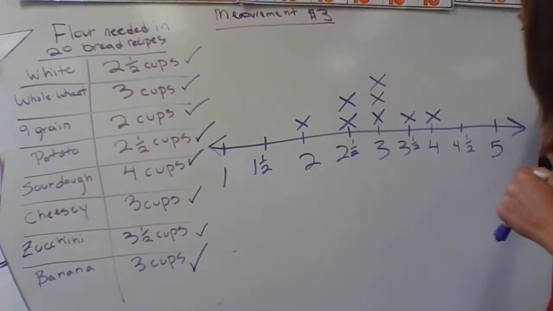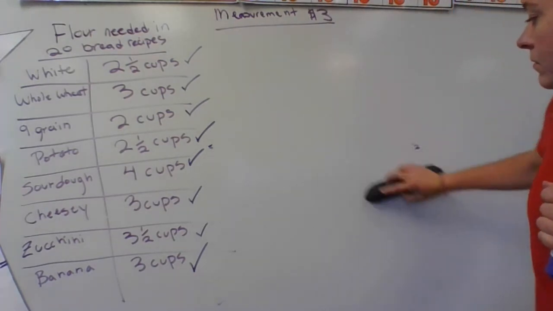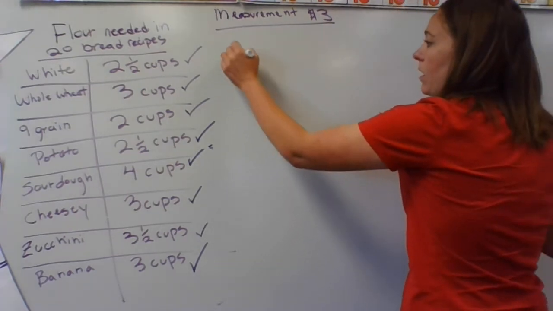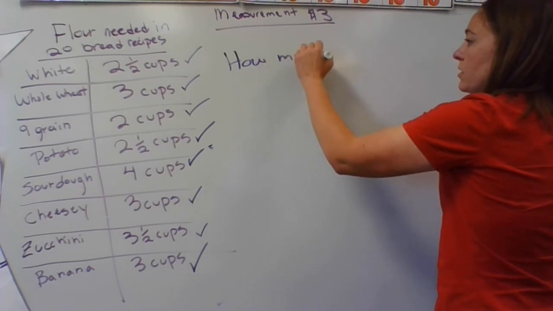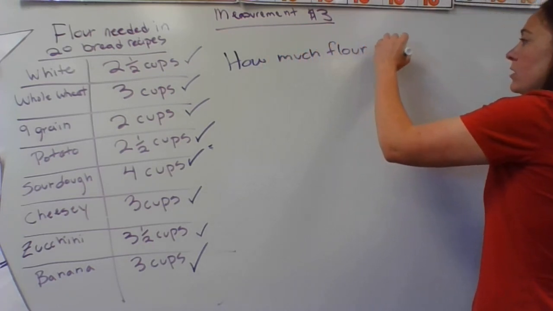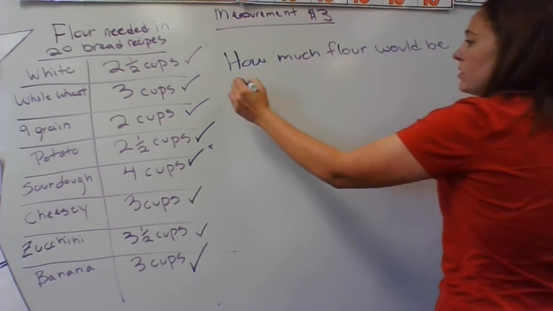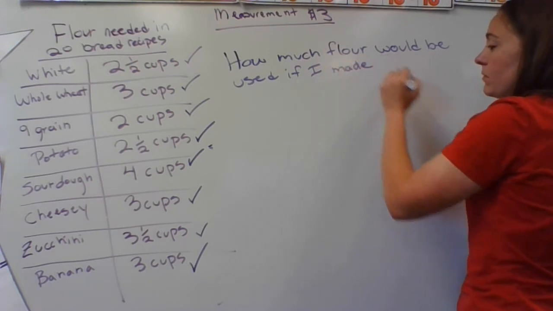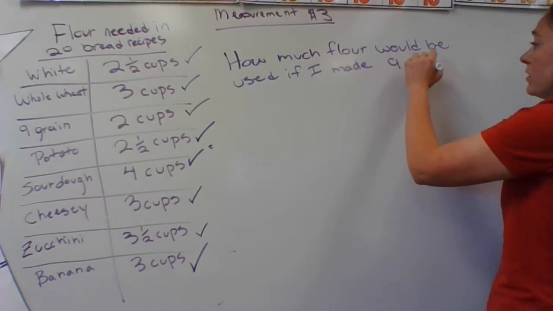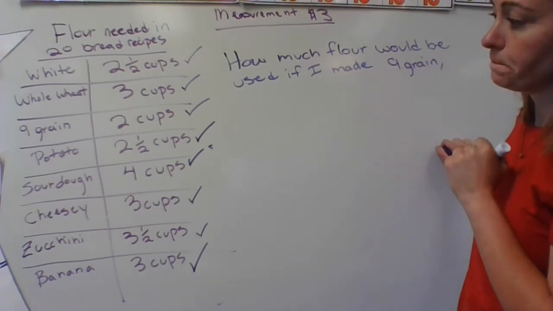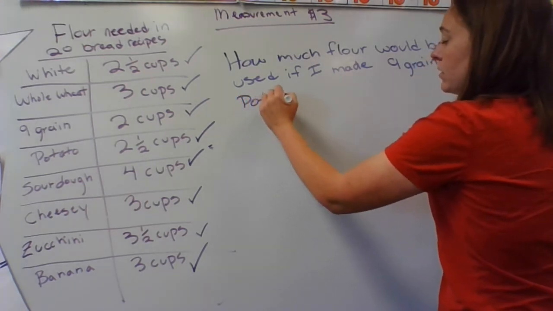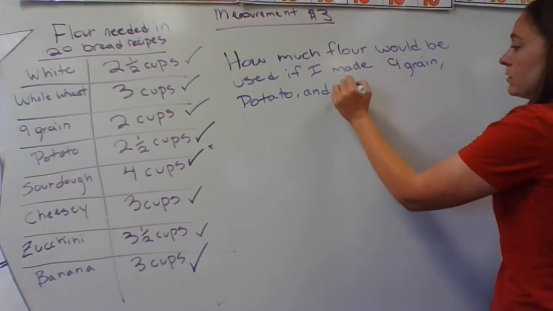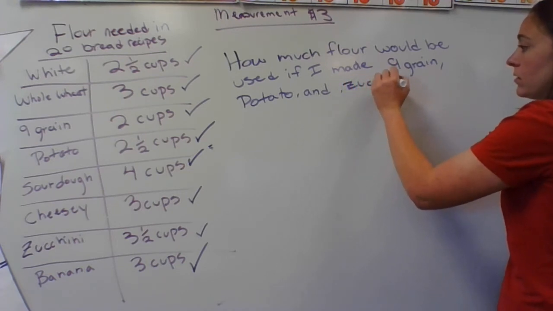Let me erase this line plot. So let's say one of my problems was, let's see here, I can write how much flour would be used if I made 9 grain, potato, and, I don't know, zucchini bread.